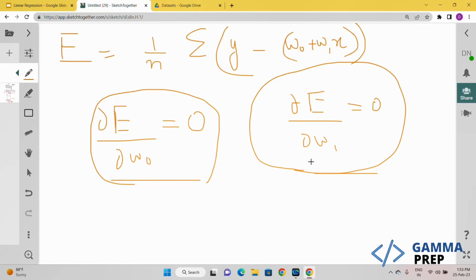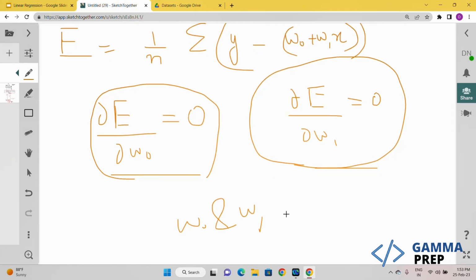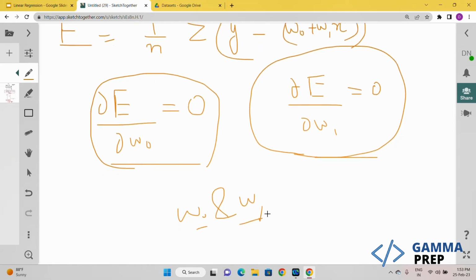I can figure out the W0 and W1 from here because there are two equations. From here, we are guaranteed to get our W0 and W1, the ones which minimize the error, and that's what we basically need.